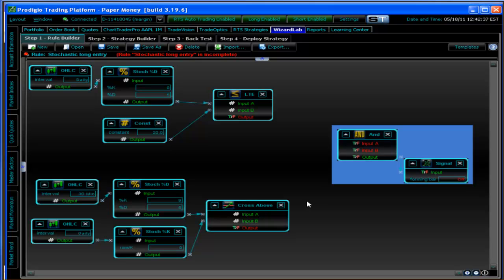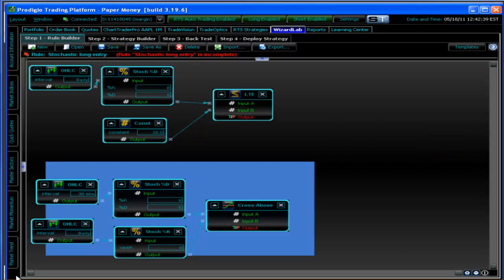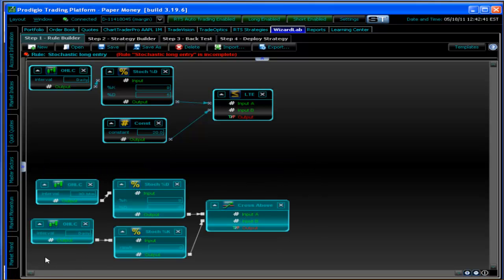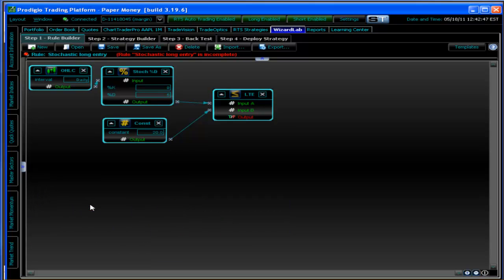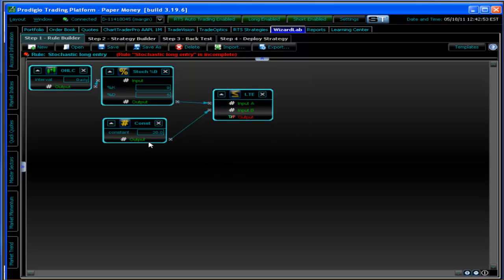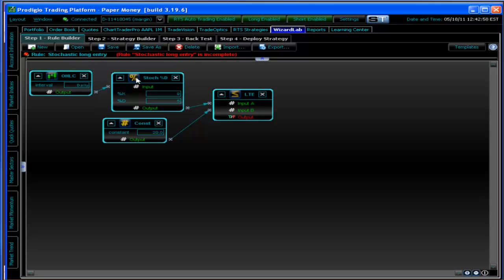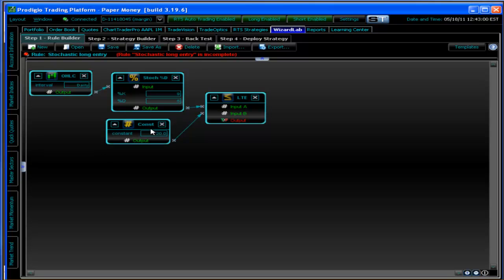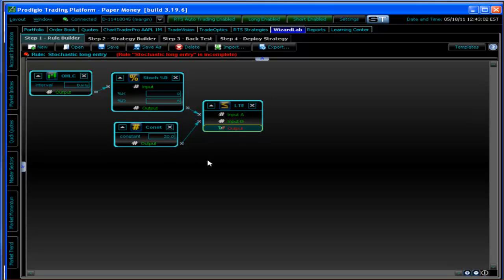I want to get rid of everything else. I'm dragging my mouse and hitting the delete button, or you can right-click and hit delete, and that'll remove everything that you have selected. What I have here is just that top branch of the rule. And again, this is nothing more than a sequence of taking source data, feeding it into math formulas or studies, and applying some kind of logic to generate a signal.